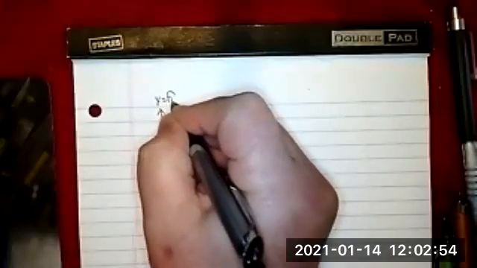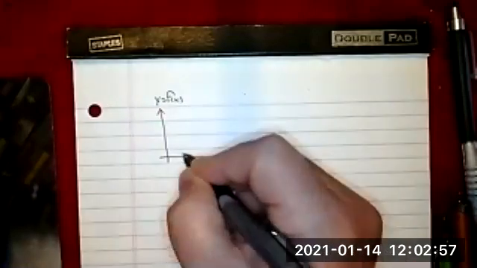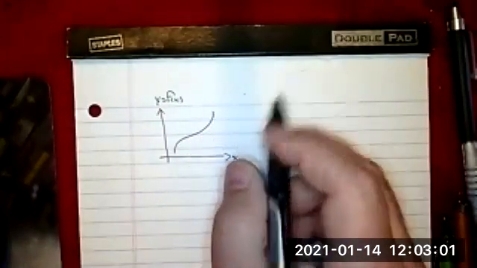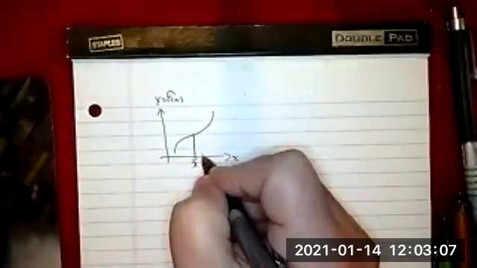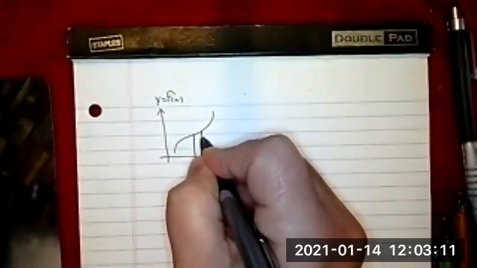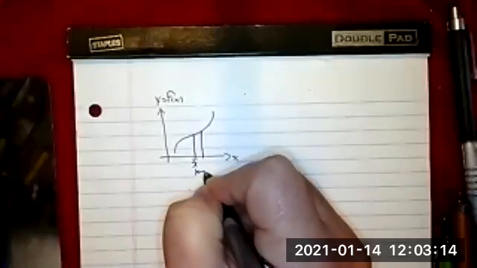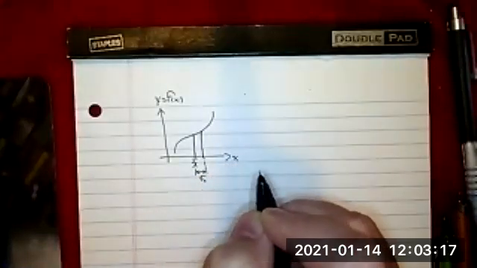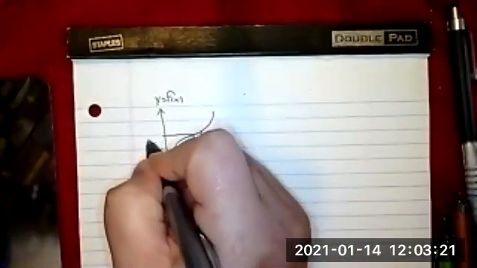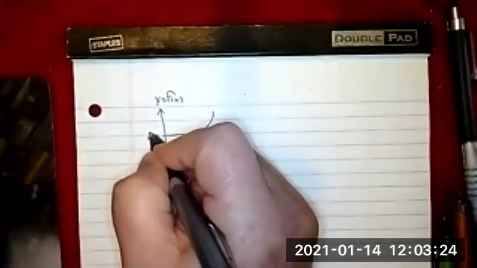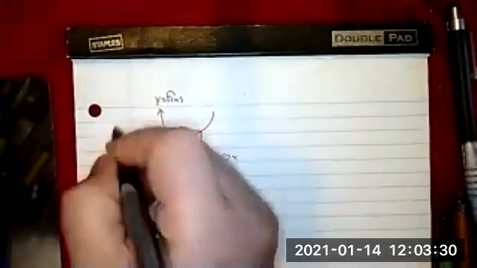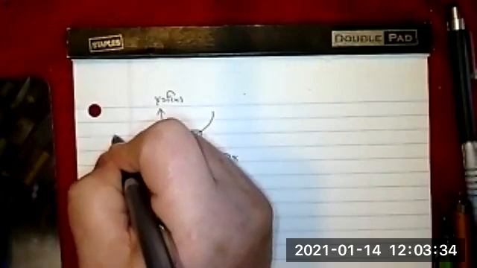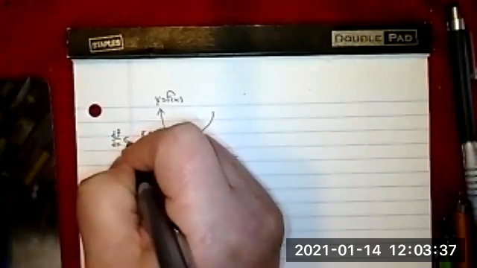If you have any function, say of x, so this is y equals f of x, and you have any function x that maybe looks a little bit like this or something, if your x value is here, and your sigma x is, say, this quantity from here to here, then what you can see is this would be your f of x bar, right there, but you'd expect this amount from here to here to be basically equal to df over dx times sigma x.